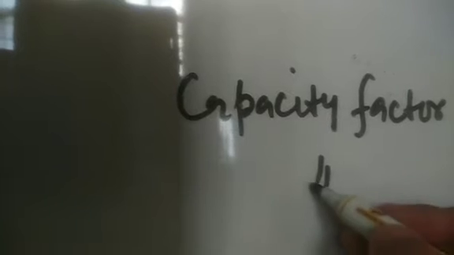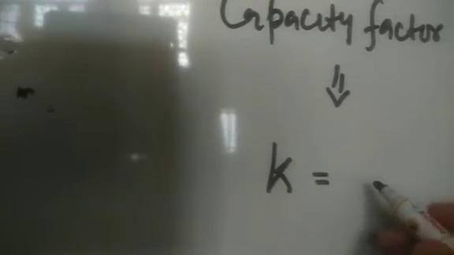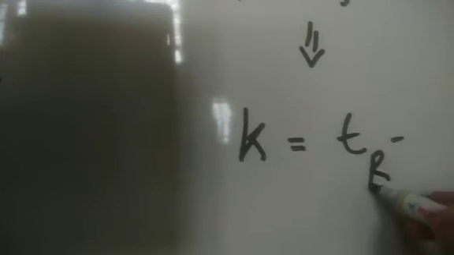Now these two quantities are very important. For example, we'll discuss a term called as a capacity factor. Capacity factor chromatography में we designate by K, that is basically equivalent to your retention time minus the dead time divided by the dead time.